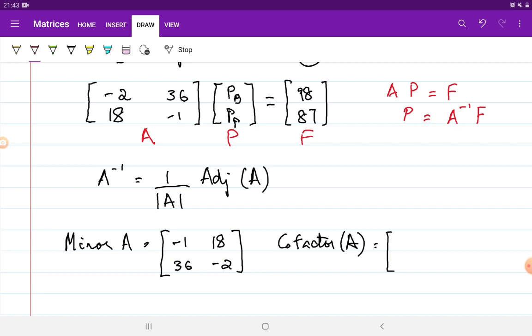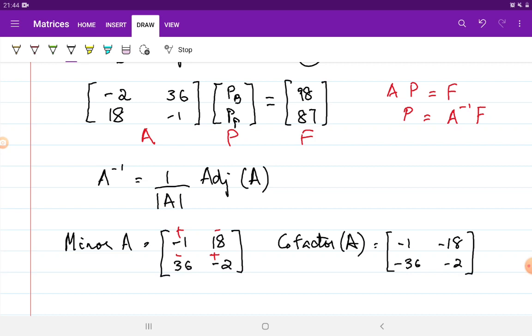So that will come as plus, minus, minus, plus. Applying these signs to the elements in the minor, minus 1, minus 18, minus 36, and minus 2.